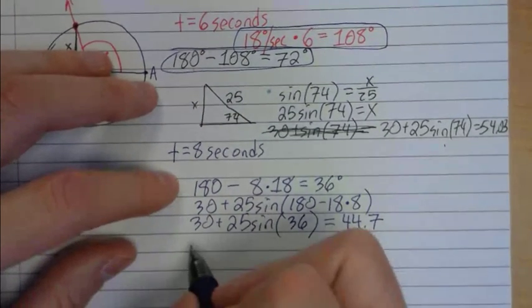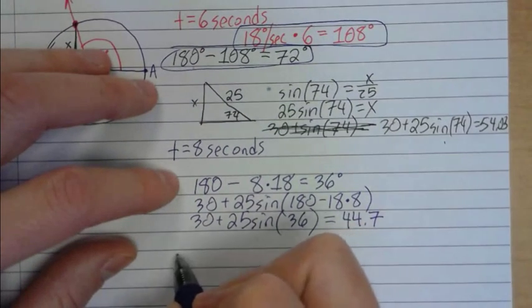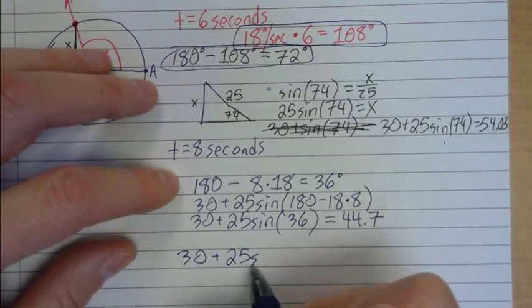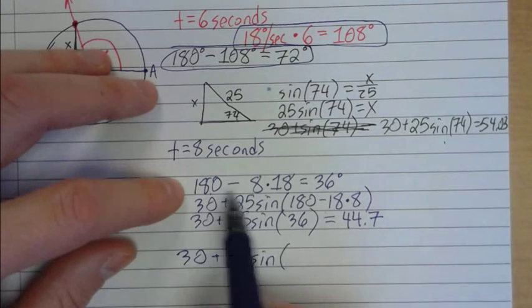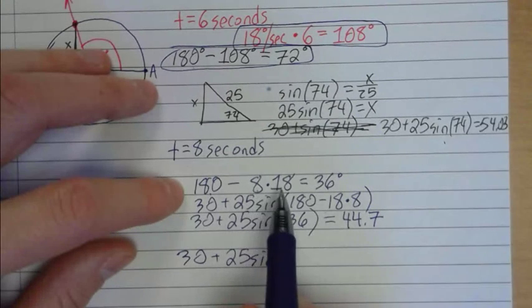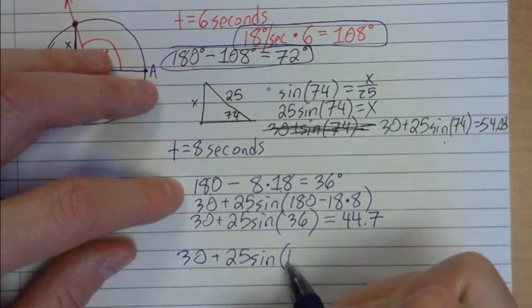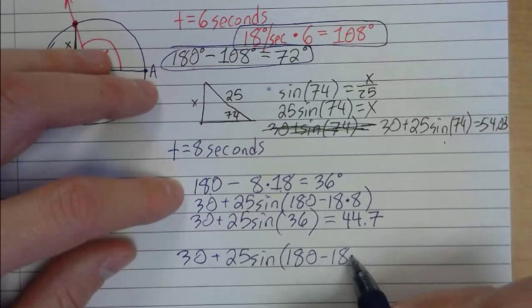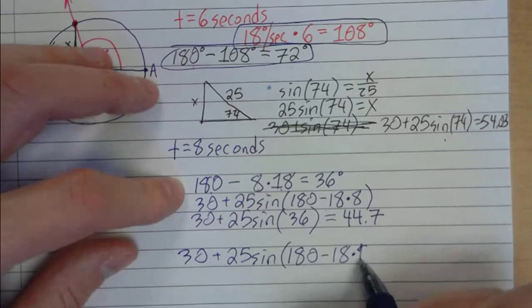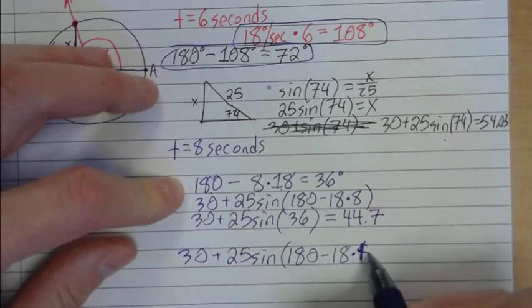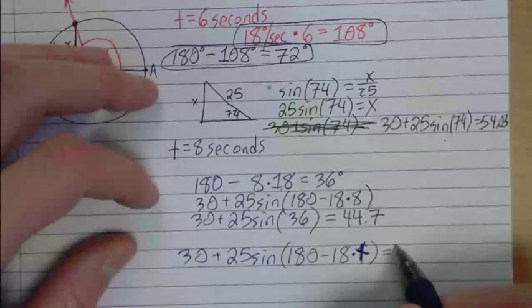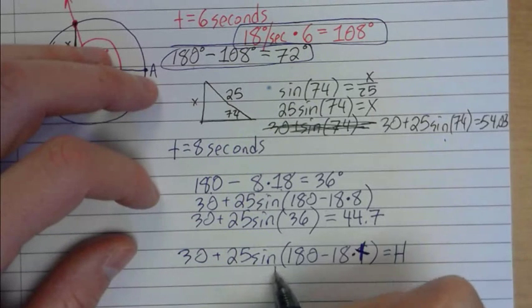So that equation would end up being 30 plus 25 sine of 180 minus seconds times 18. So 180 degrees minus 18 degrees per second times the number of seconds gives us our height. And that is for when t is from 5 to 10.